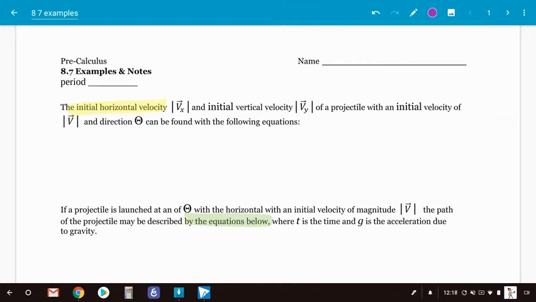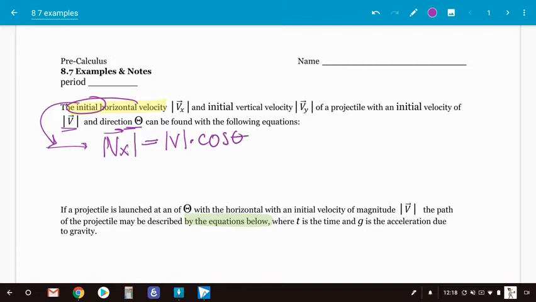So the initial horizontal and initial vertical velocity of any projectile with the magnitude v and direction theta can be found with the following equations. Initial velocity means the magnitude times the cosine of theta, and then in the y direction, we have the magnitude times the sine of theta.